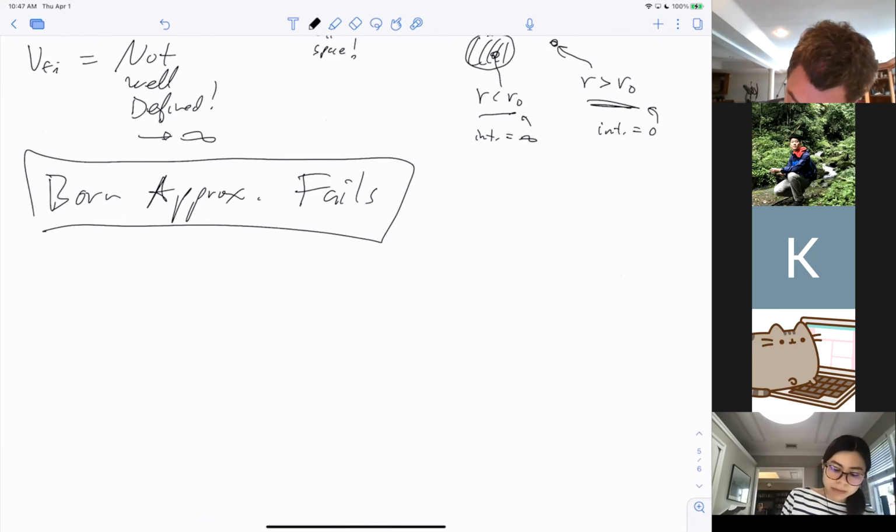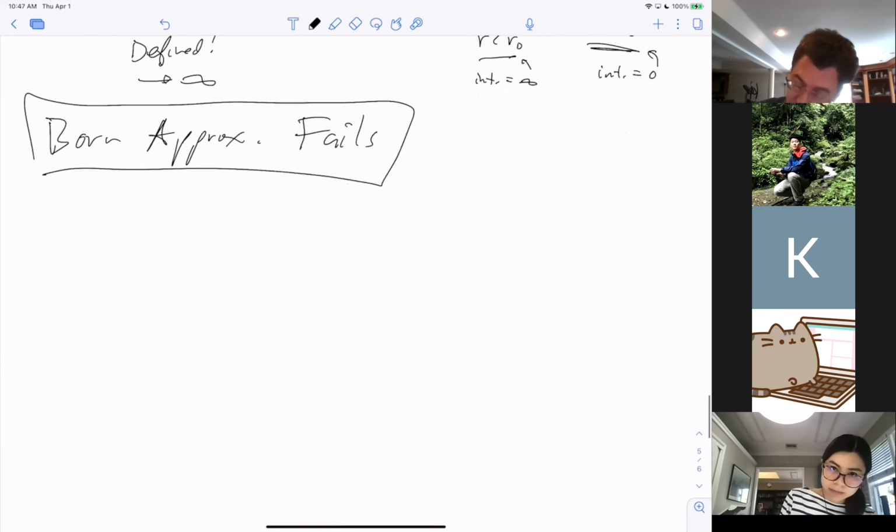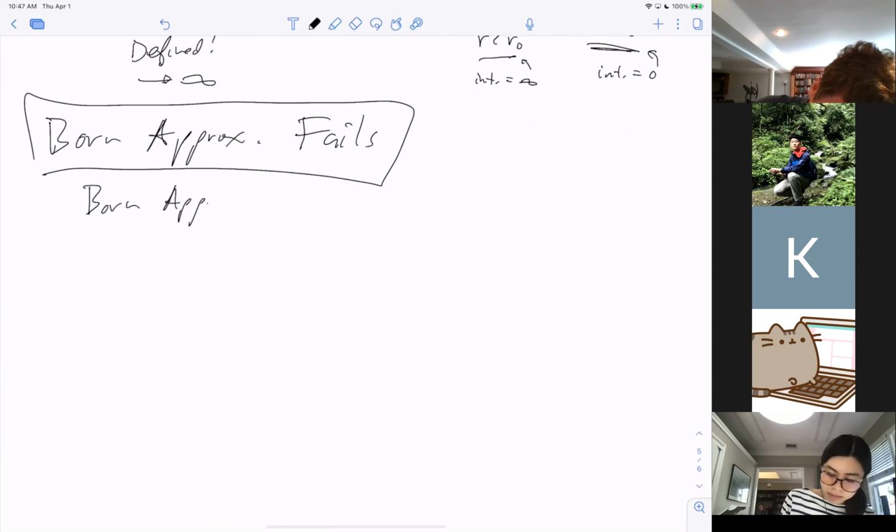And so I'll tell you why it fails. The reason it fails, because the Born approximation came from perturbation theory. We use Fermi's golden rule.